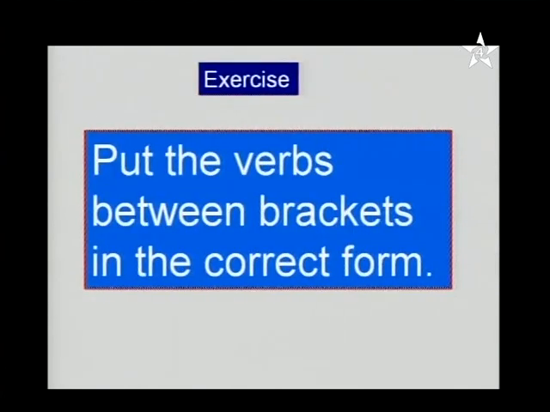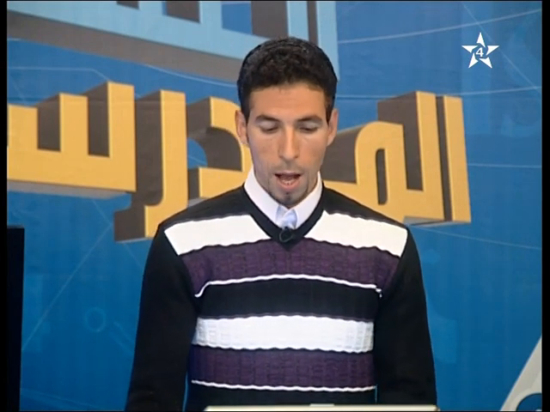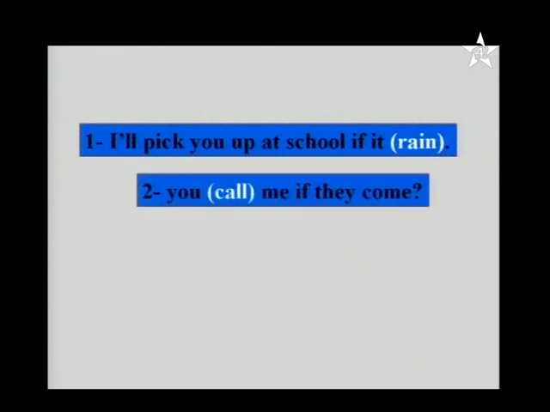Now let's do an exercise. Put the verbs between brackets in the correct form, bearing in mind the structure of conditional type 1 that we have dealt with so far. I'll pick you up at school if it rains. Now you are asked to put the verb rain, which is between brackets, in the right form. Second sentence, you call me if they come, and mind you, this is a question, all right?